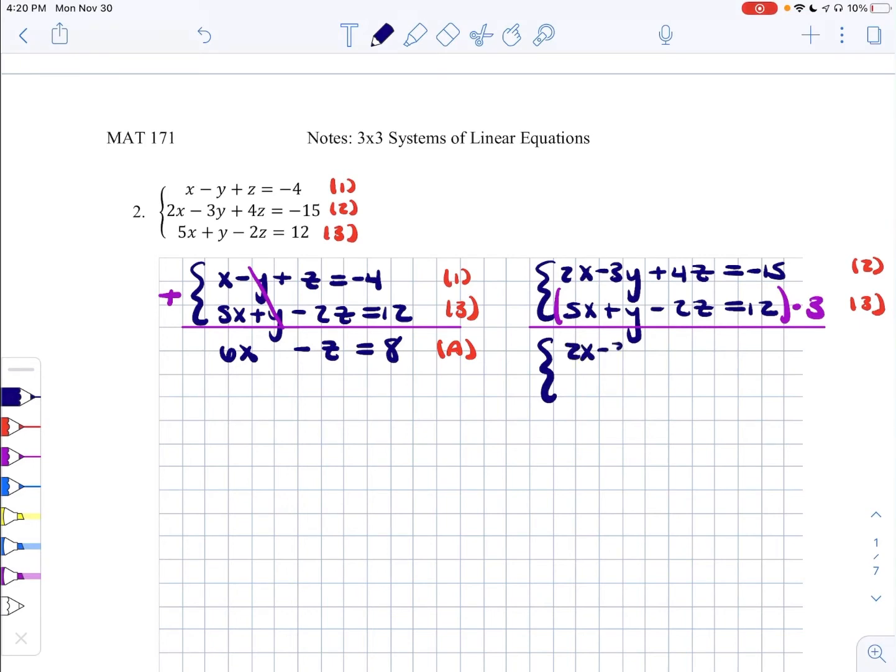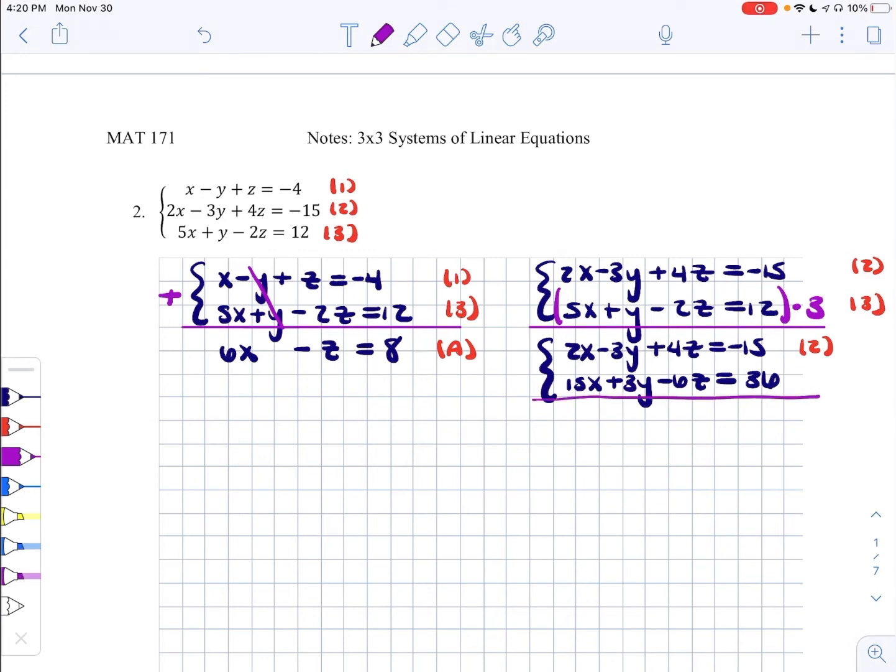So 2x minus 3y plus 4z is negative 15. That's still the same. We haven't done anything to equation 2. And then equation 3, we're multiplying the whole thing through by a positive 3. So we would get 15x plus 3y minus 6z is equal to 36.